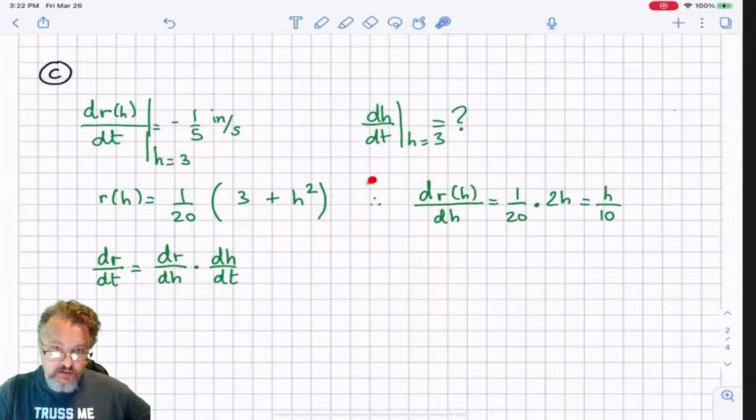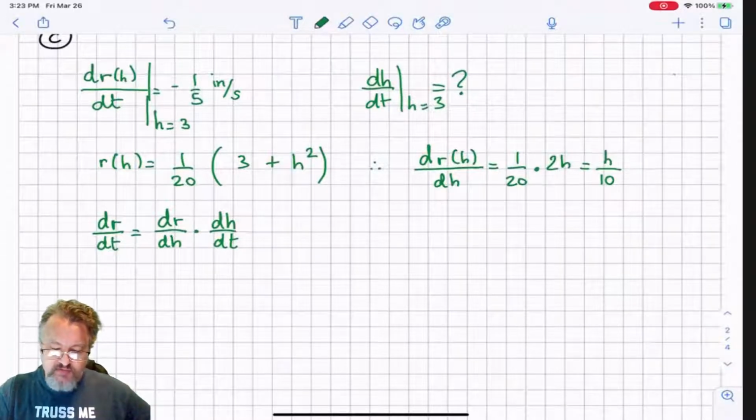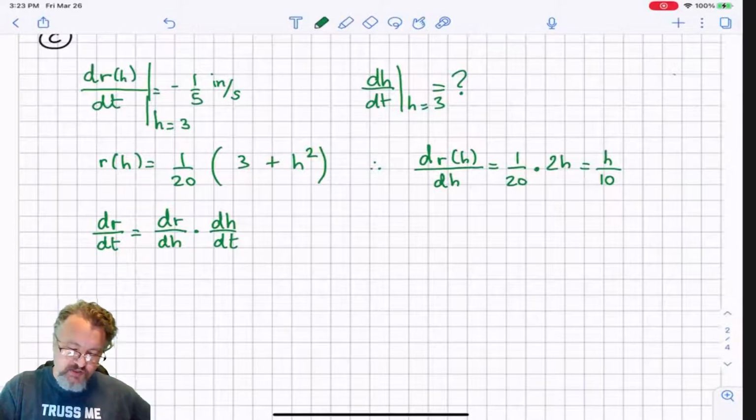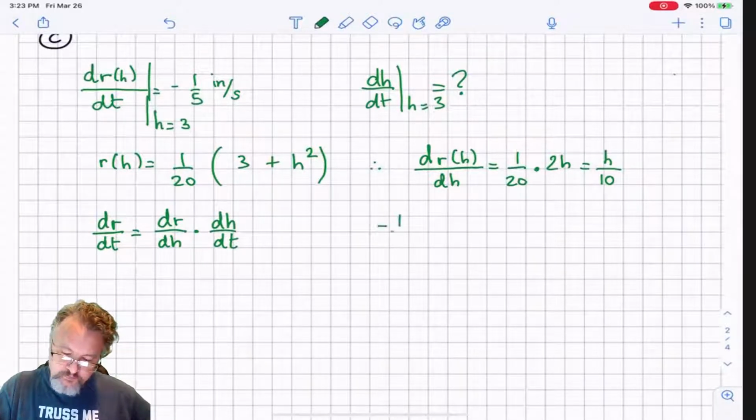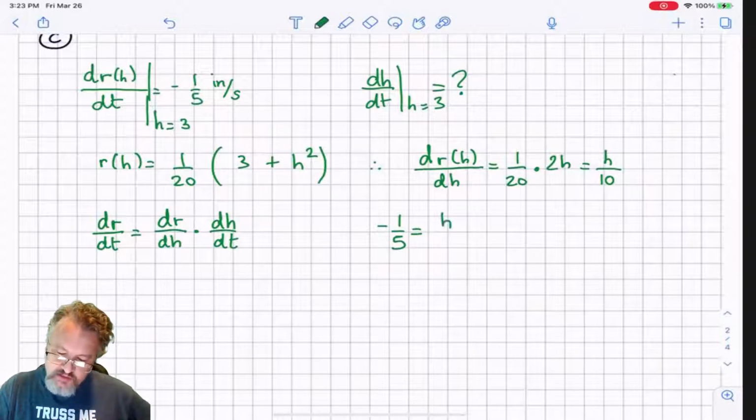Look up here. We know that this is what we're trying to find, right? So here's what I'm going to do. Instead of dr over dt, I'm going to write negative 1/5. Instead of dr over dh, I'm going to write h over 10. And instead of dh over dt, I'm just going to write dh over dt.